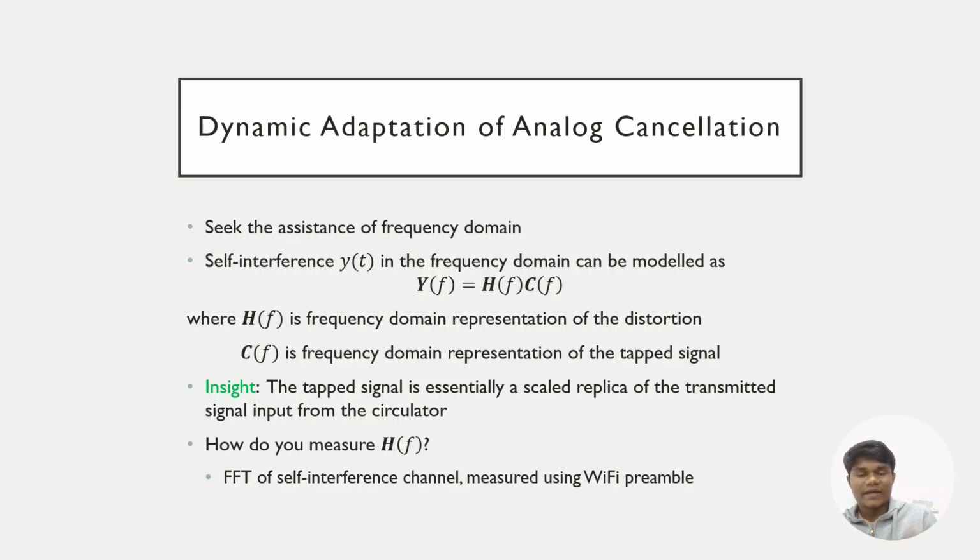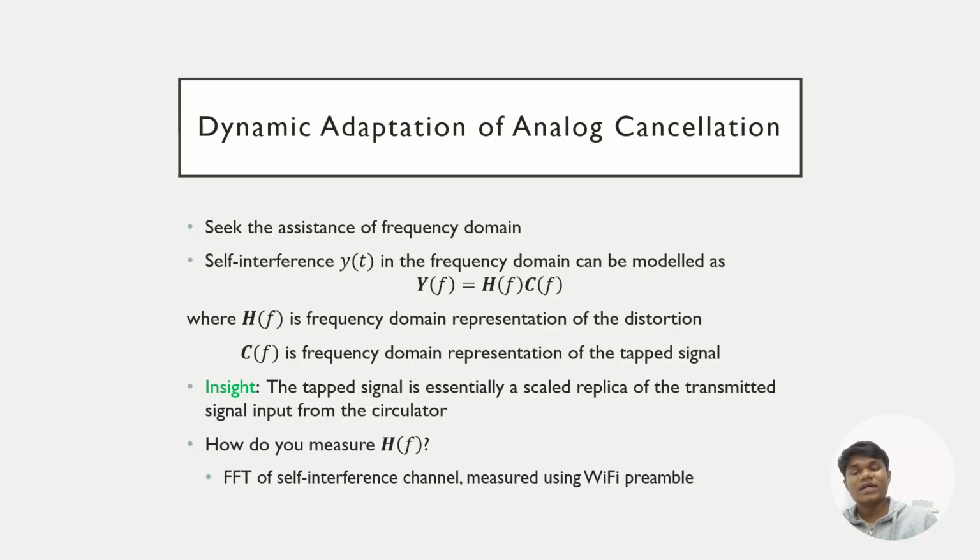Now, again, we do not know H of F. How do we find that? We take the FFT of the self-interference channel, and how do we do that? Using the Wi-Fi preamble. Recall that I told you that we can get the channel condition using the Wi-Fi preamble.